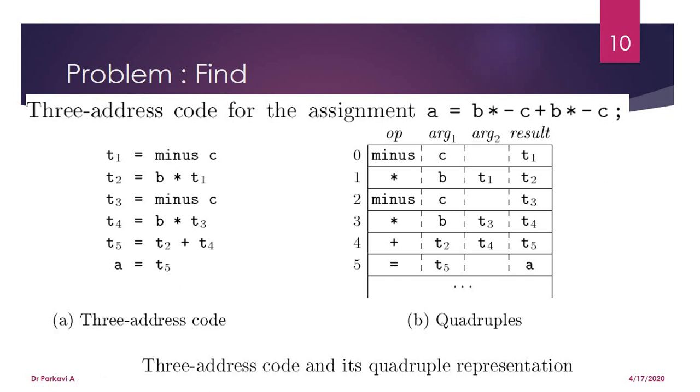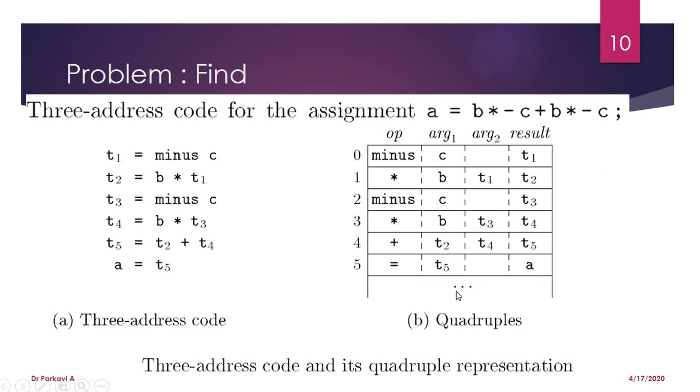It could be optimized, so it is not necessary to calculate it 2 times. Then multiplication, the second priority operator, so b into t1 will be calculated. Then t4 is b into t3 and t5 is t2 plus t4.